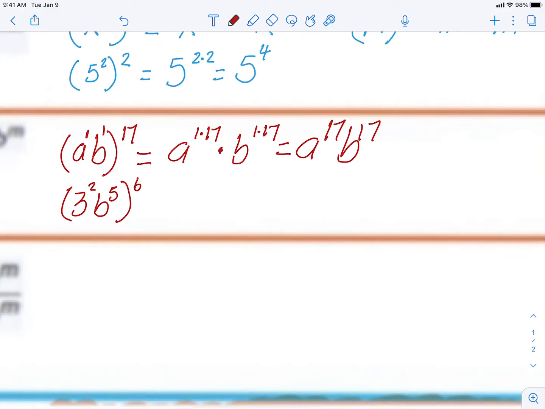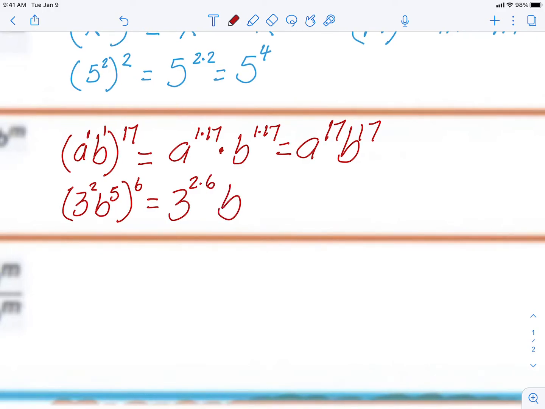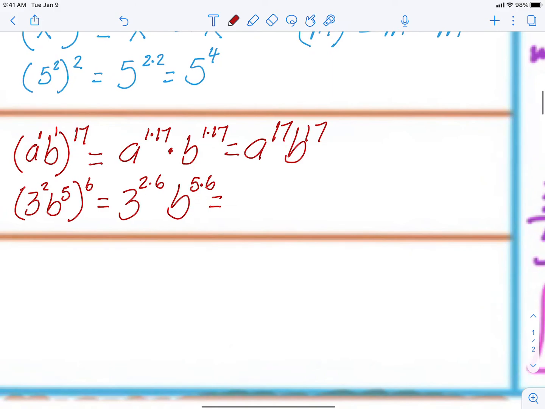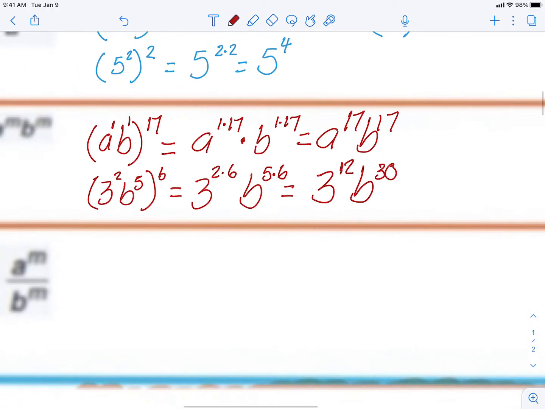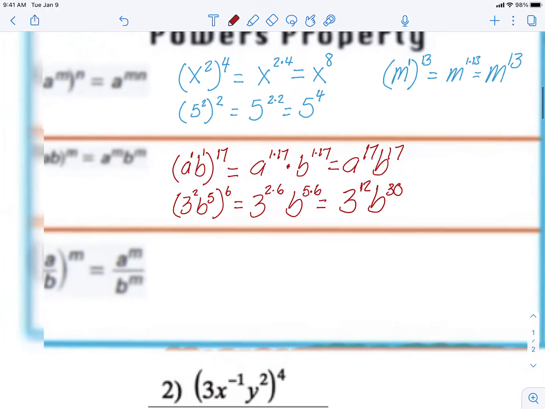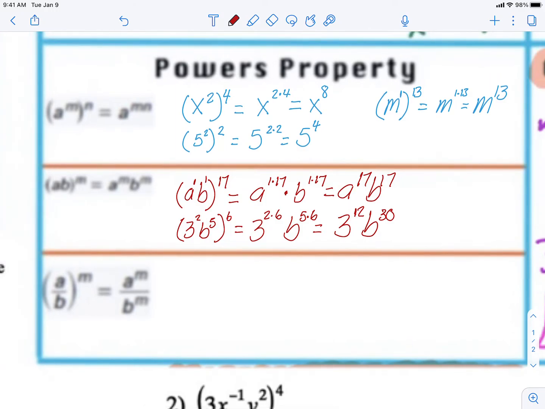So we're going to get 3 to the power of 2 times 6, and b to the power of 5 times 6. That gives us 3 to the power of 12, and b to the power of 30. There you go. So that's the second powers property rule.